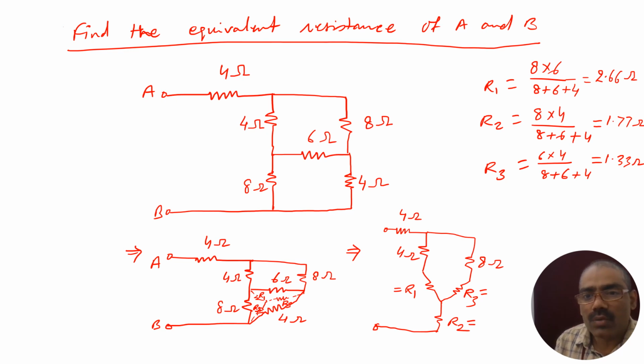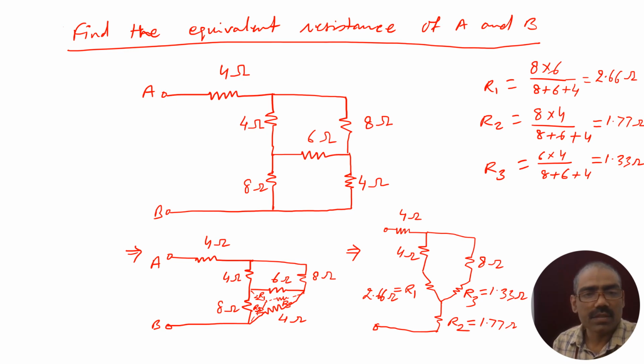So R1 value here we are getting 2.66 ohm. R2 value here we are getting 1.77 ohm resistance, and R3 value here I am getting 1.33 ohm resistance.